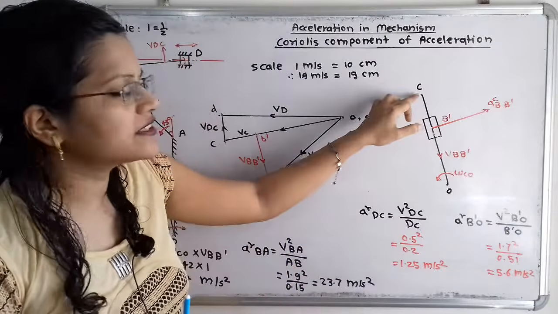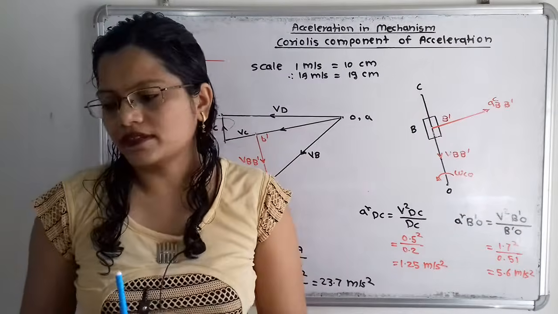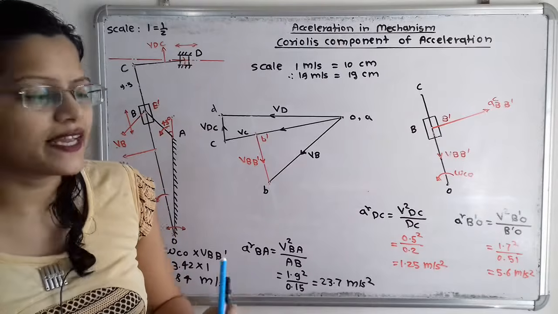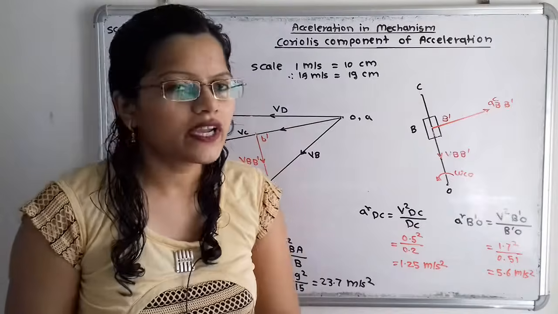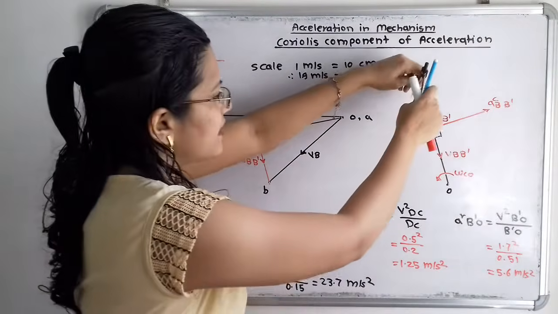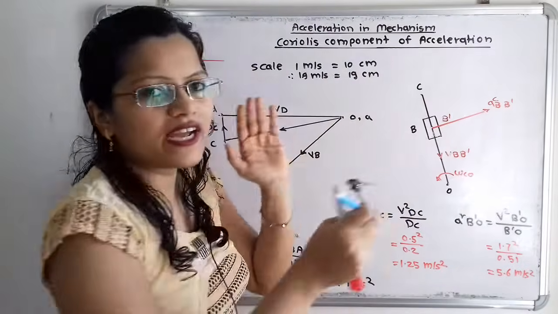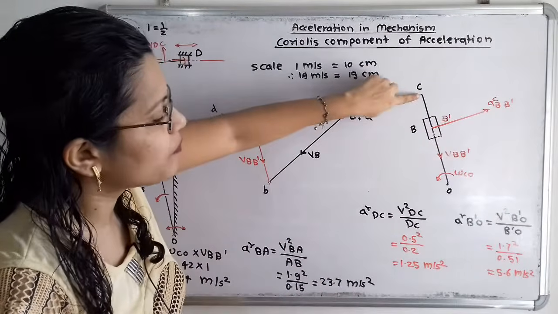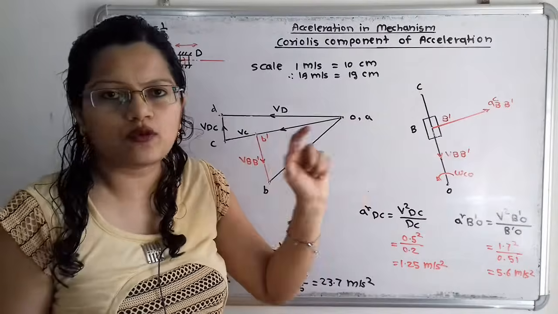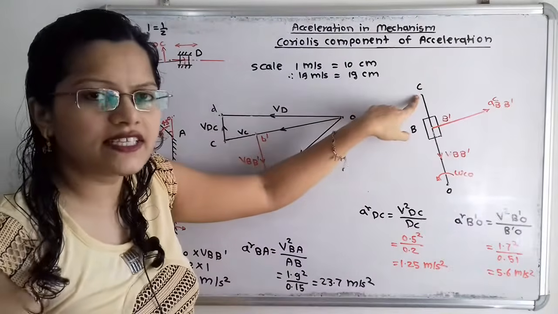So we will take C as the center in the compass. The motion of the link is anti-clockwise. Why are we taking C as a center? Because the velocity is from point C towards point O.